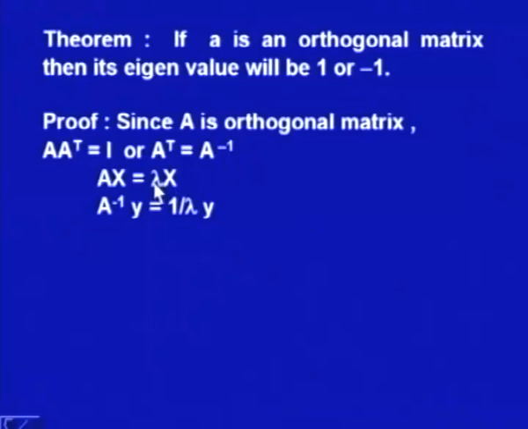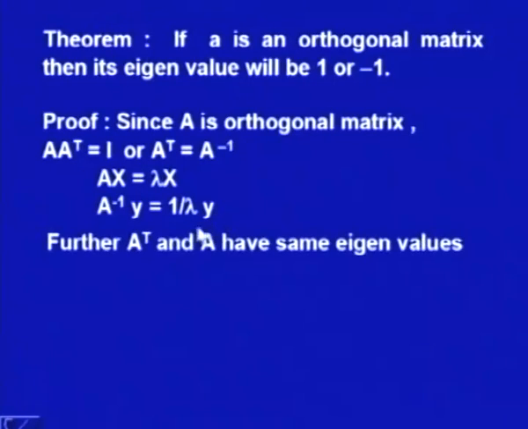So, let us say lambda is an eigenvalue of this matrix A, then Ax is equal to lambda x, and also A inverse y is equal to 1 upon lambda times y, and that means A transpose and A have the same eigenvalues, and that means lambda is equal to 1 upon lambda, or lambda square is equal to 1, and that gives me lambda is equal to plus minus 1.